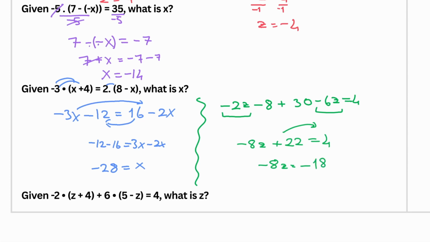I can divide both sides by negative 8, so z equals 18 divided by 8, because a negative divided by negative is a positive. If you want, you can further simplify this, because 18 and 8 can both be divided by 2, which would give you 9/4. And you cannot further simplify this.